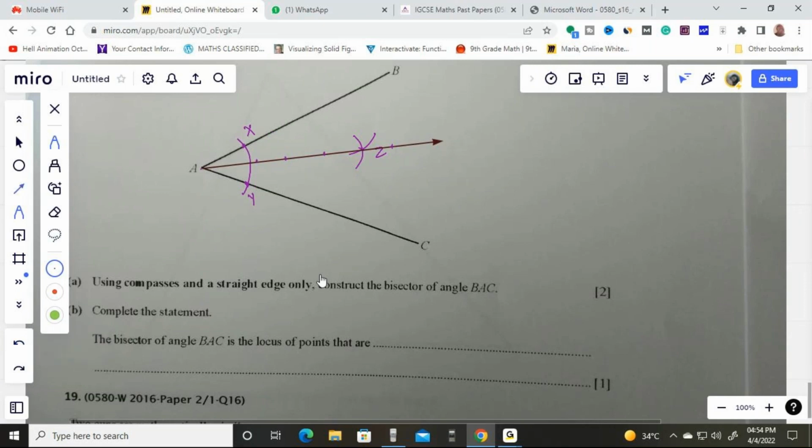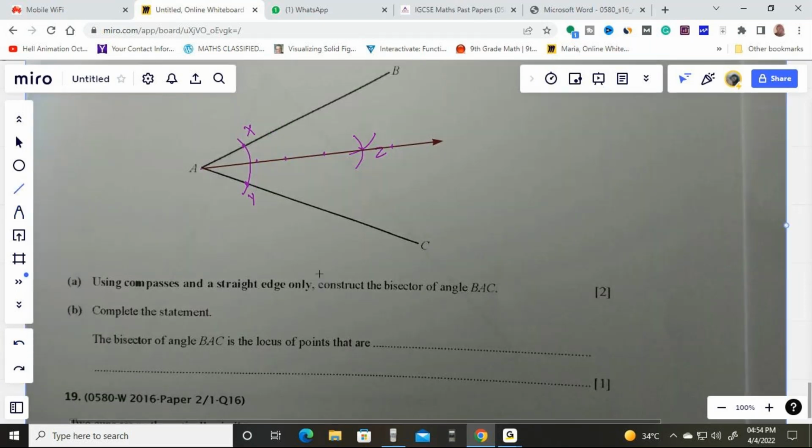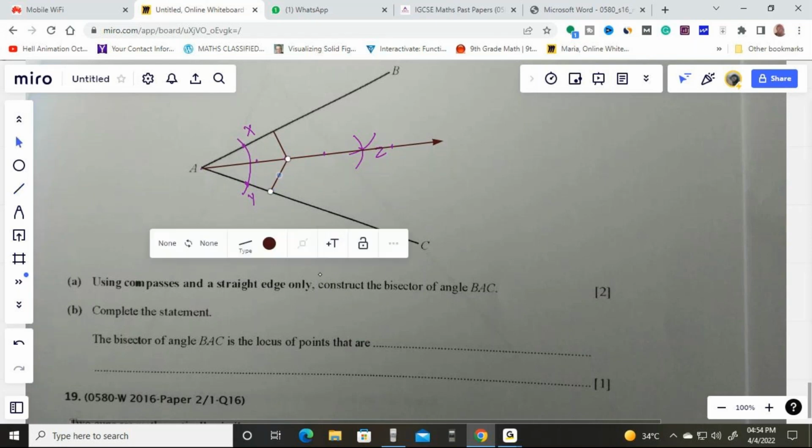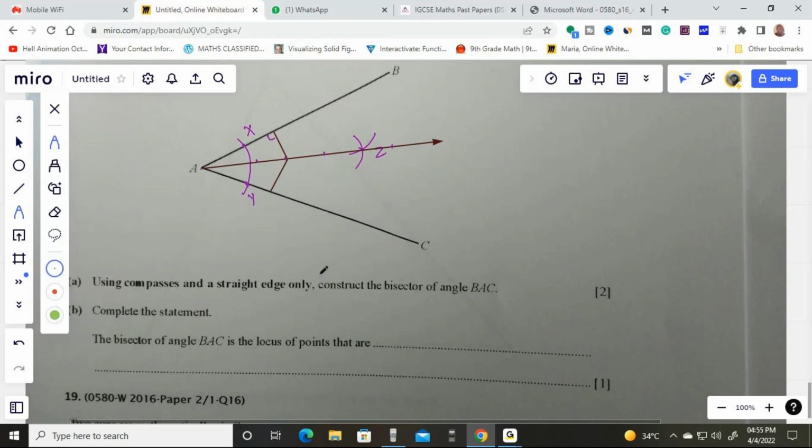The perpendicular distances of this point from AB and BC both will always be equal. If this is 2 centimeter, this is also going to be 2 centimeter.